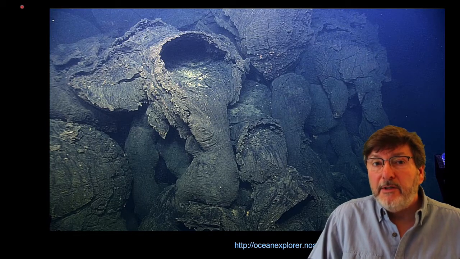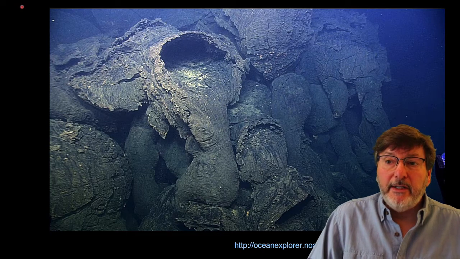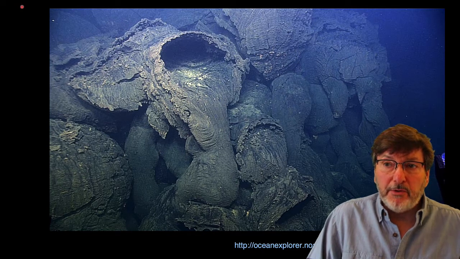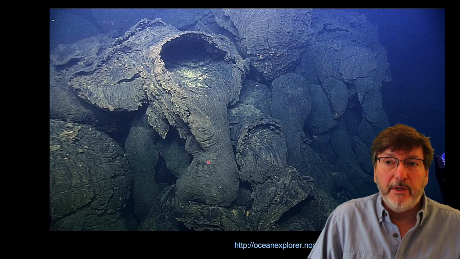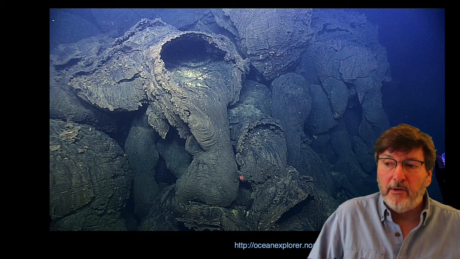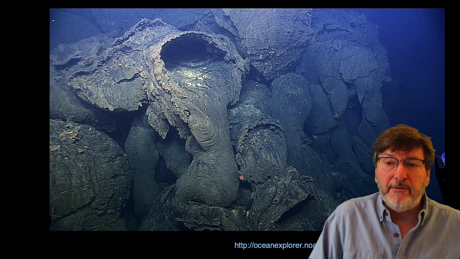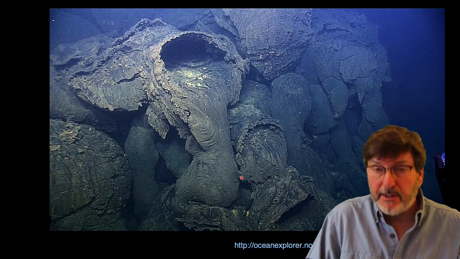So the product of these violent volcanic eruptions is glassy, fractured material forming these pillow structures, and sometimes the lava runs out of them and forms a hollow tube like this one, where the lava has actually rolled right out of the pillow and chilled on the seafloor. But you see all the fractures and the rough surfaces. This provides lots of reactive surfaces for chemistry to start.